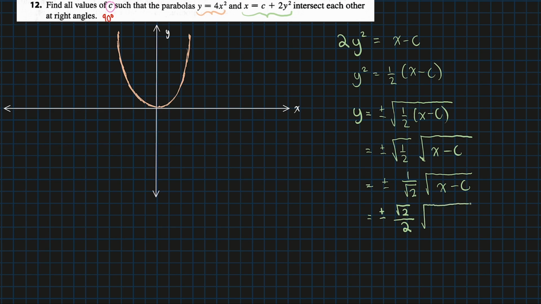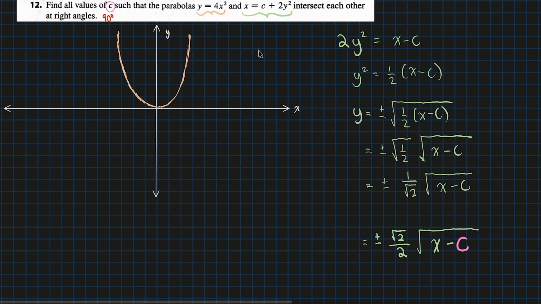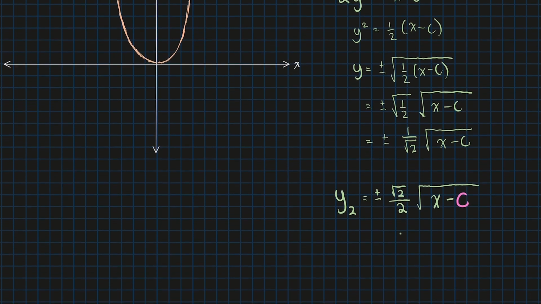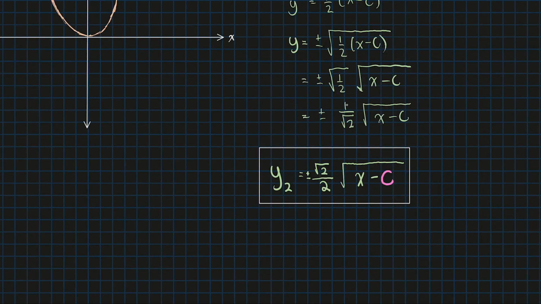So if I keep my square root of x minus c there, I get that our second parabola, we can call it y2, is equal to the plus or minus square root of 2 over 2 times the square root of x minus c.